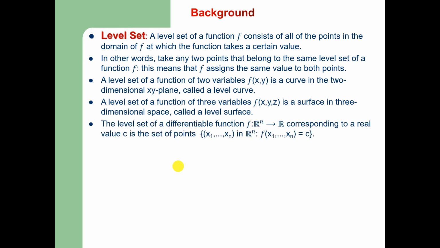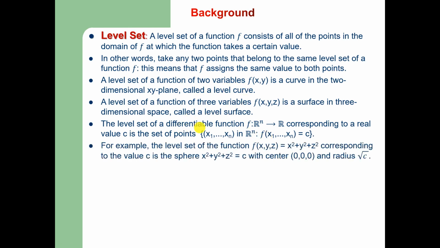The level set of a differentiable function f that is mapped from Rn into R corresponding to a real value C is the set of points x1 up to xn in Rn such that the function is equal to C. So that set is known as the level set.